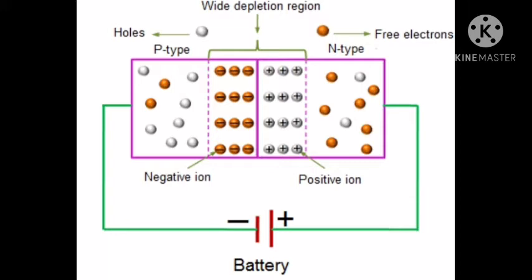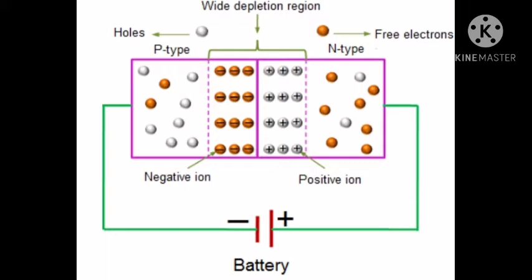Okay. So as the depletion layer width is larger, the barrier height will also be very high. Under the reverse bias condition, the minority carriers flowing through the junction acquire a kinetic energy which increases with the increase in the reverse voltage.